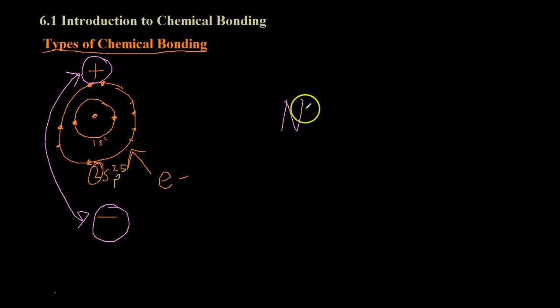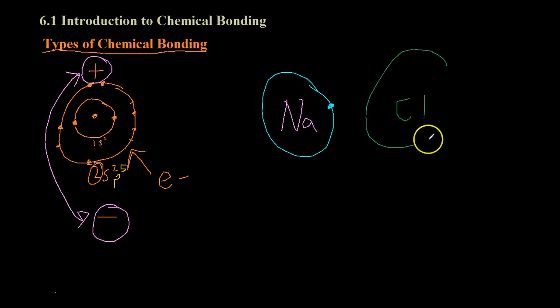Let's say you have sodium, which you'll remember is a metal from the left side of the table, which has one valence electron, and then chlorine, which is a halogen, so it has 7 electrons in its valence.